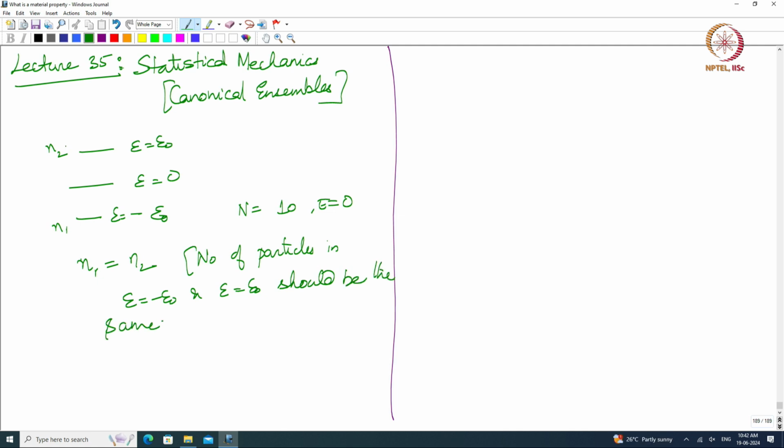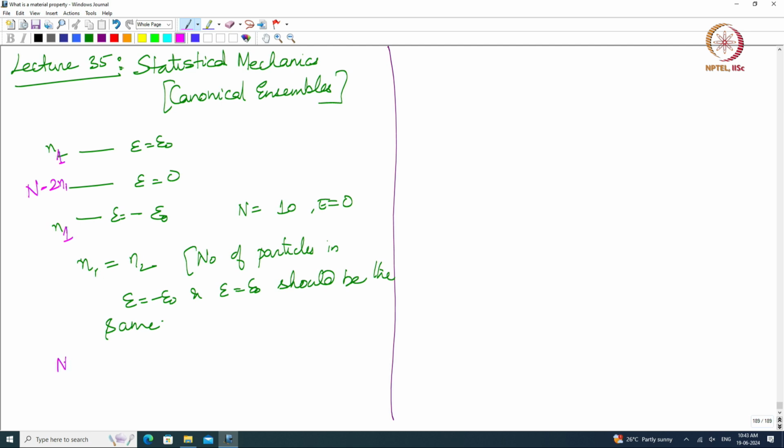Okay. So, instead of writing n1 and n2, I am just going to write both of them as n1. And the total number of particles is capital N, so I will put N minus 2 n1 here, right. But I can keep changing the value of n1, right.